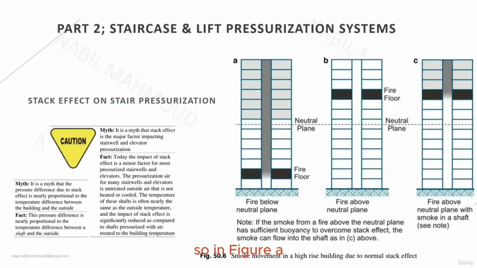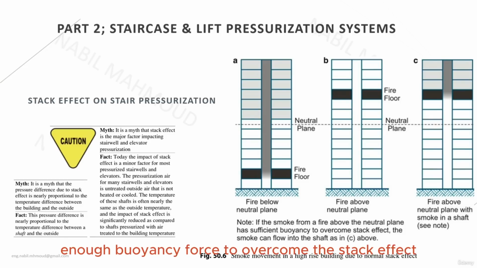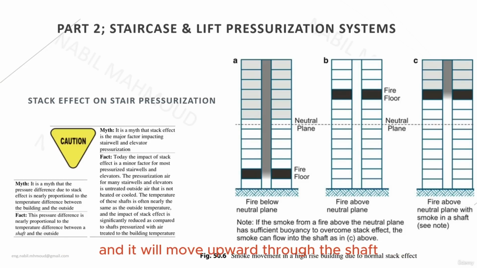So in figure A, we have a fire that happened below the neutral plane, and we are going to assume that the fire has enough buoyancy force to overcome the stack effect, and it will move upward through the vertical shaft in the middle of the building, which is, for example, the elevator shaft or the staircase enclosure.